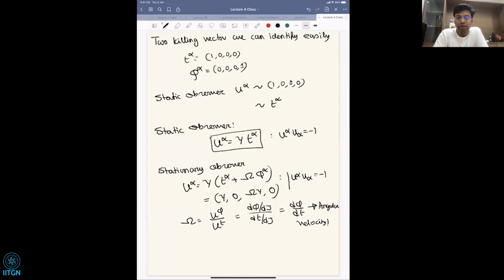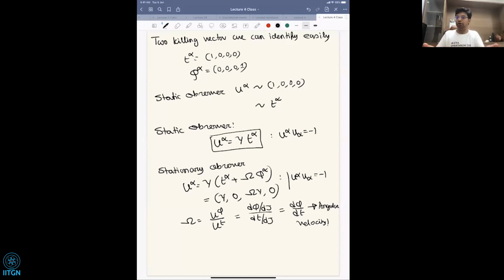How is the four-velocity proportional to T alpha? Okay, let's see, I'm looking for the four-velocity of a static observer. The static observer means it has four-velocity only with zero component in the r direction, so r is not changing, zero in the phi direction, phi is not changing, and zero in the theta direction, theta is not changing.